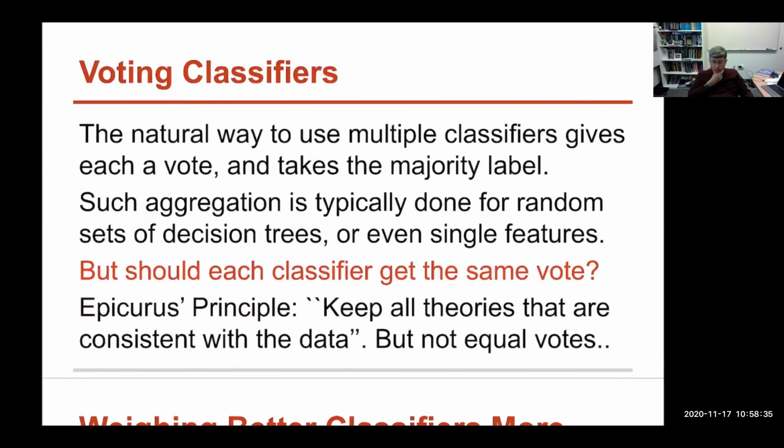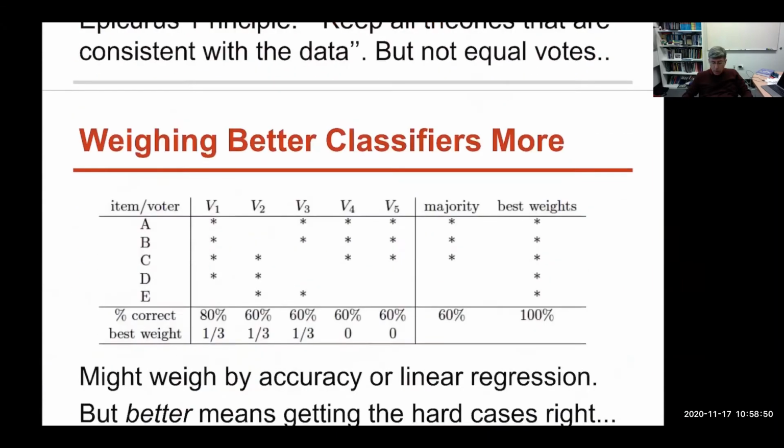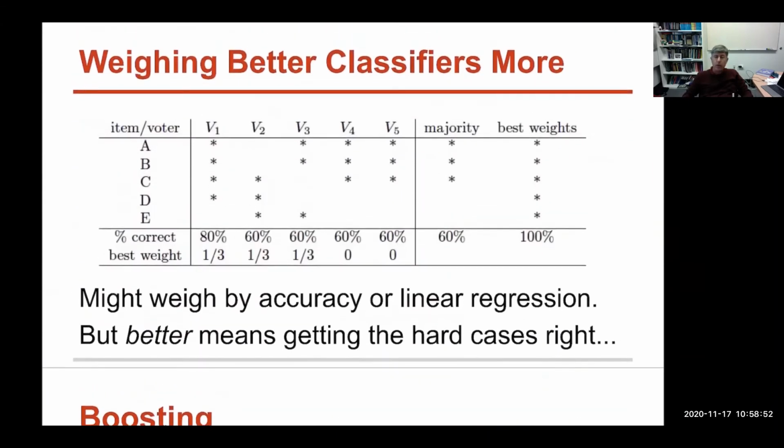Now, naturally, the question here is still, as I said, each tree gets a vote. We could allow them equal votes, but we noticed that some trees are not as good as other trees. So the natural thing to do would be to weight them based on how accurate they are, okay?